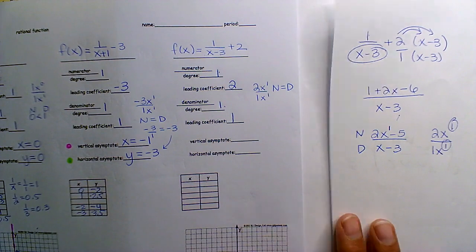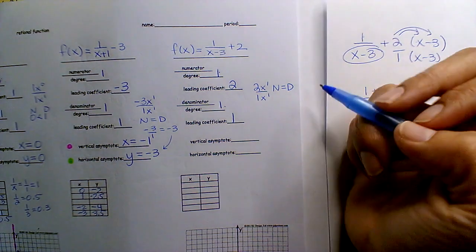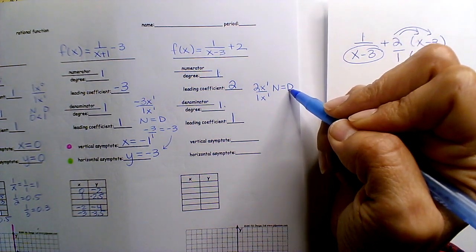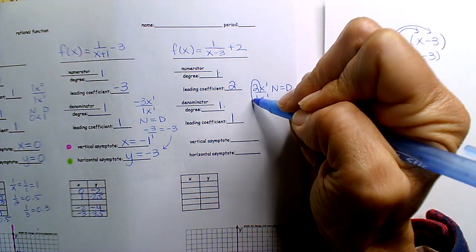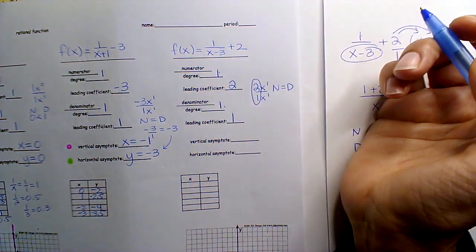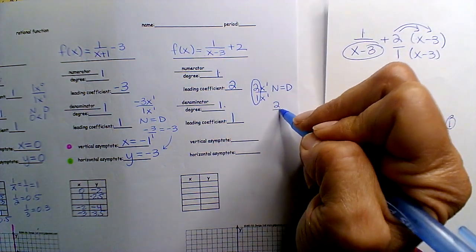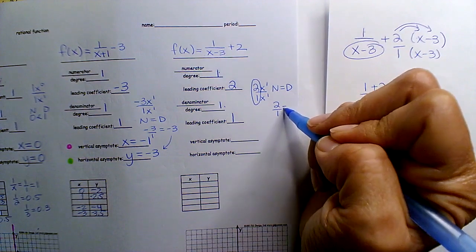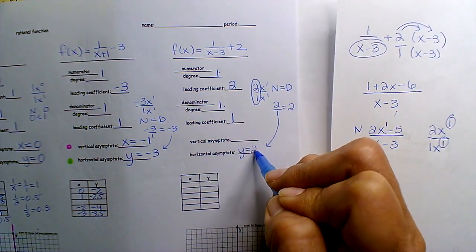Oh, did it freeze? Oh my god, you guys, wait. Oh no, it didn't. Okay, so the numerator is equal to the denominator in the degree. So if they're equal, then your asymptote is a fraction of your leading coefficient. So what's 2 divided by 1? 2. And so my horizontal asymptote is y equal 2.